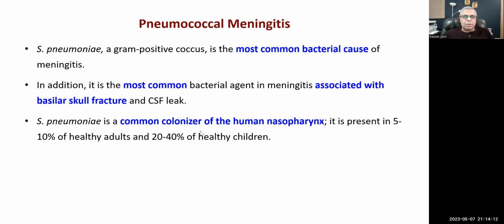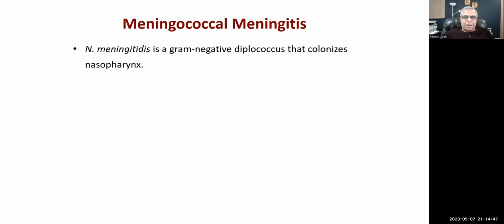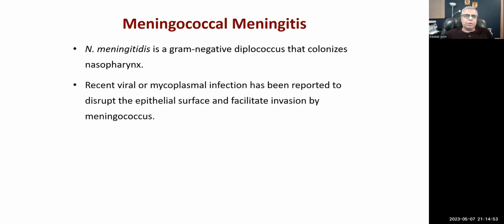Strep pneumoniae is a common colonizer of the human nasopharynx. It is present in 5 to 10% of healthy adults and 20 to 40% of healthy children. So it's a normal commensal over there. Now, meningococcal meningitis: the initial picture that I showed you, the baby or the toddler, he had some spots under the skin, which are known as purpura. So this is one of the bacteria that can cause non-blanching purpura, okay? So N. meningitidis is a gram-negative diplococcus that colonizes the nasopharynx, just like pneumococcus.